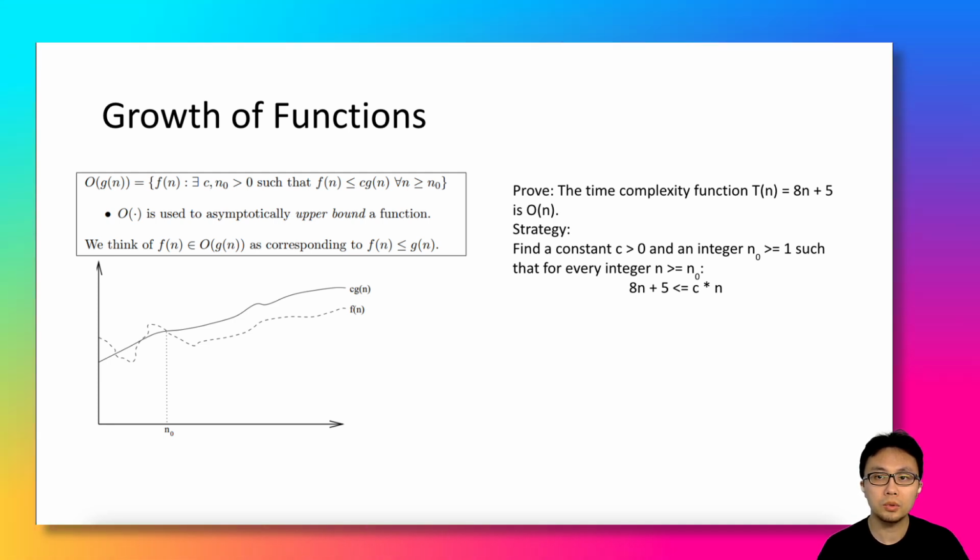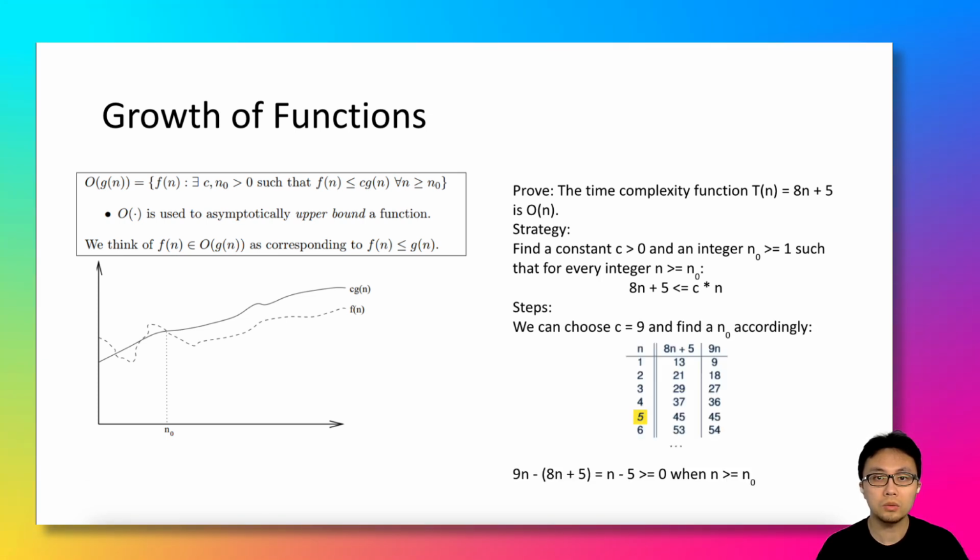We know that the coefficient in a linear function determines how steep its slope is. In the given time complexity function, the coefficient is 8. To make c multiplied by n steeper, or say grow faster, all you need to do is to make c bigger than 8. You can make it a 9, for example, or 10.